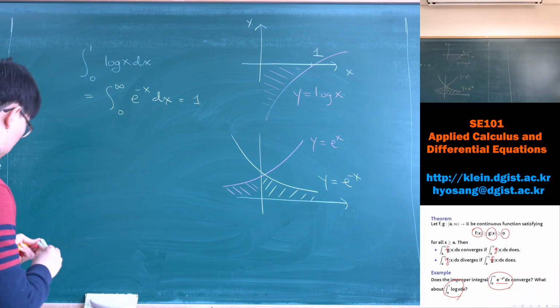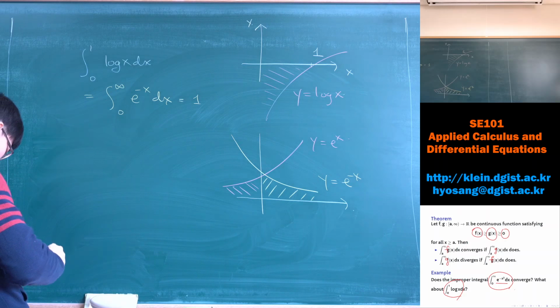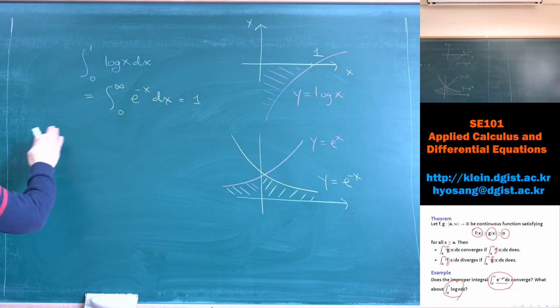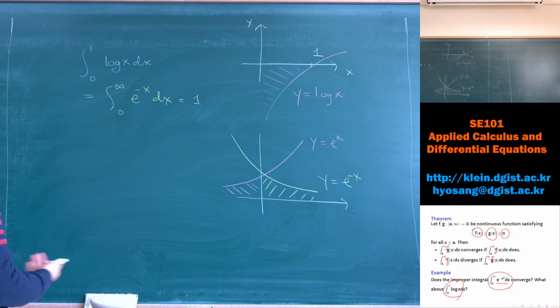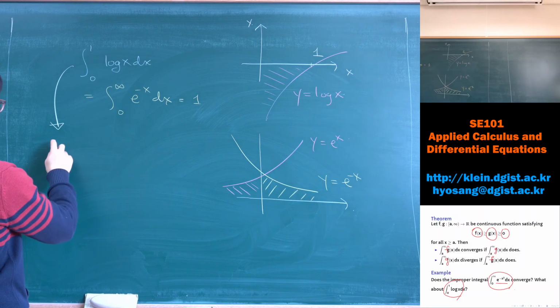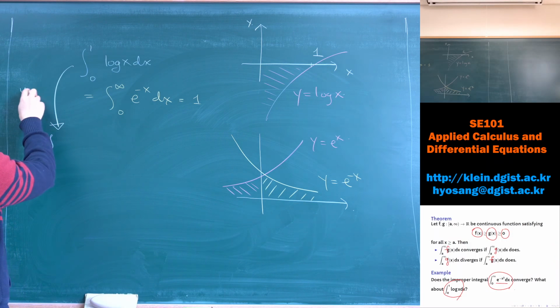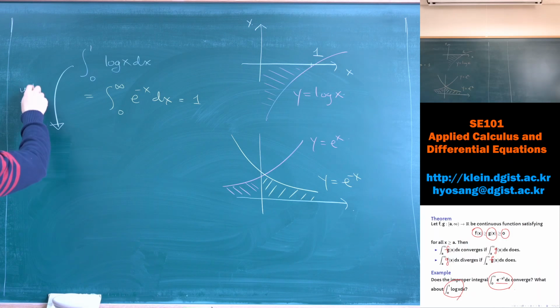Another way of checking whether this converges or not is you can take a usual antiderivative, like the indefinite integral of the log function. Let's substitute log x as y, then dy is dx over x.